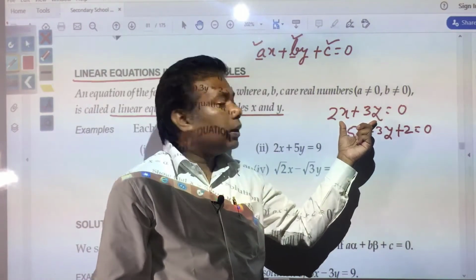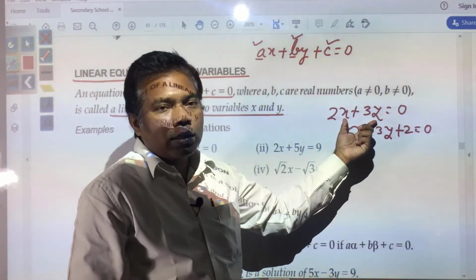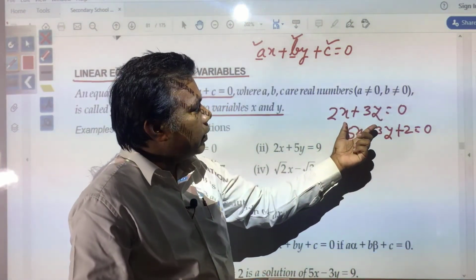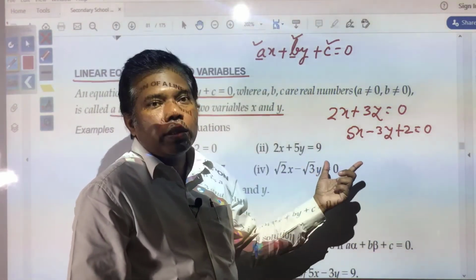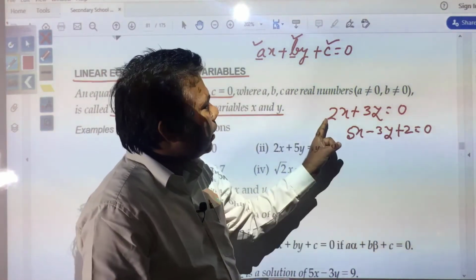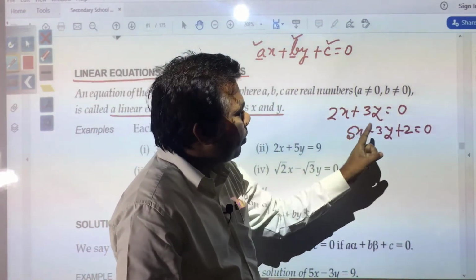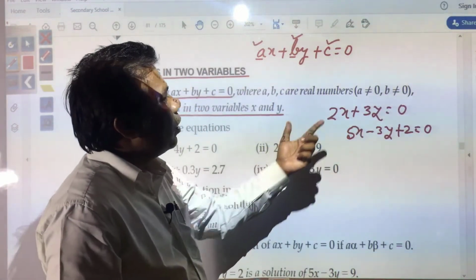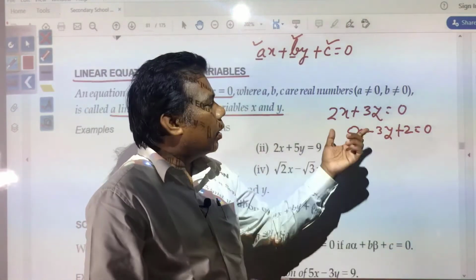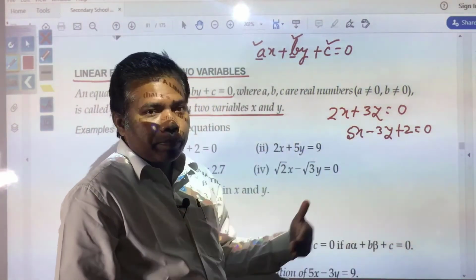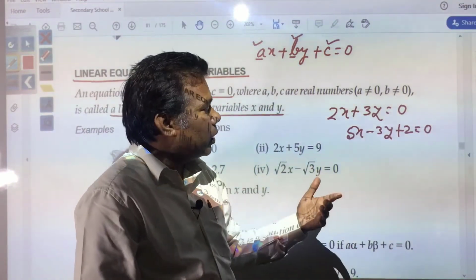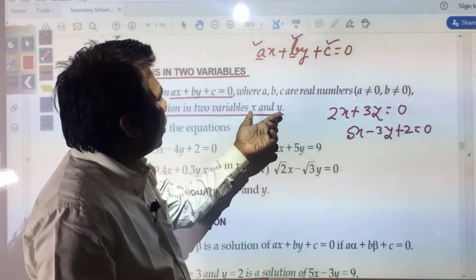I hope you understand what are variables and what are constant terms. In class 9th already you have studied. Constant terms are the terms which do not vary, like here 2, 3, 5, minus 3, any number which does not vary is called a constant term, but the values which vary are called variables.